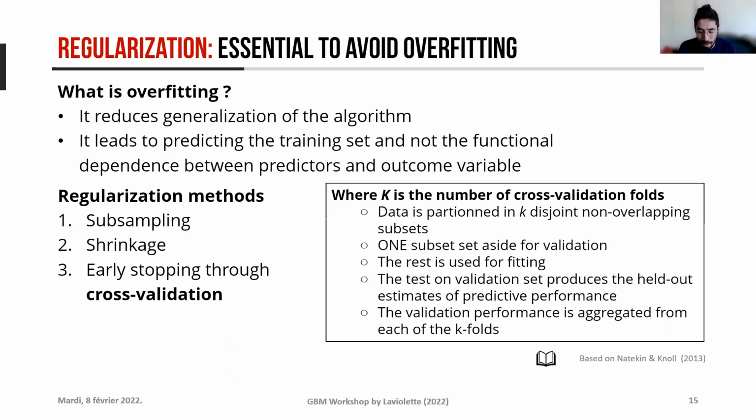So let's say we have 5 subsets. The first time you take subsets 1, 2, 3, 4 for training, and you reserve subset 5. The next time you take subsets 2, 3, 4, 5 for training, and you reserve subset 1. And so on and so on. So your performance measure is based on the aggregation of these different ways of splitting your subsets and using them for training or testing.